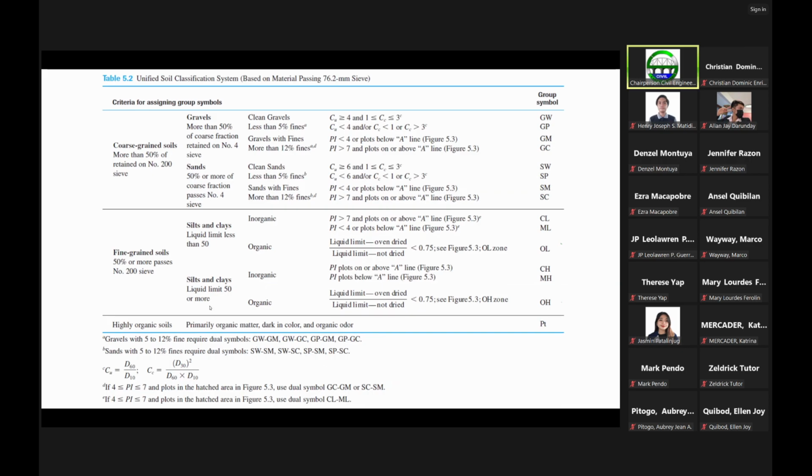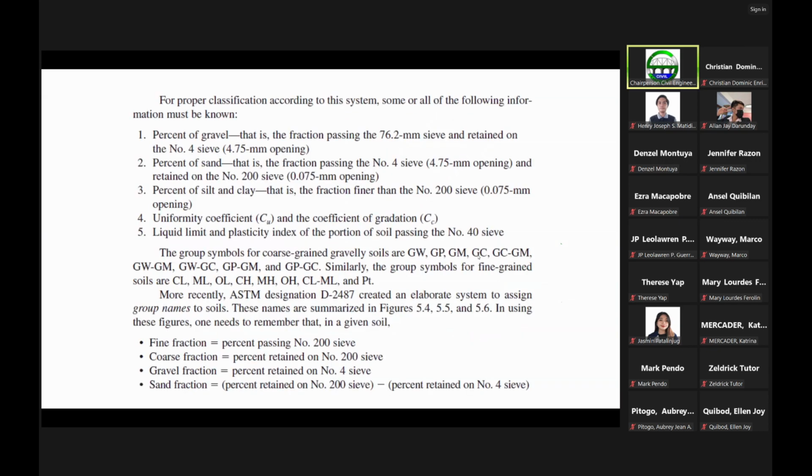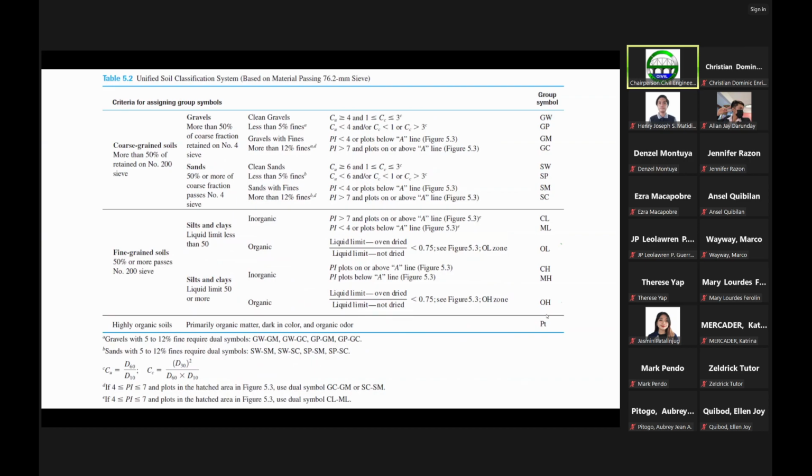Okay. Now, for the silts and clays with liquid limits of 50 or more, again you have the inorganic and the organic material. In the case of inorganic material, if the PI plots on or above the A-line of the plasticity chart, then we call it a high plasticity clay.